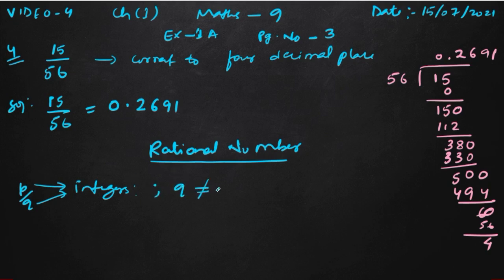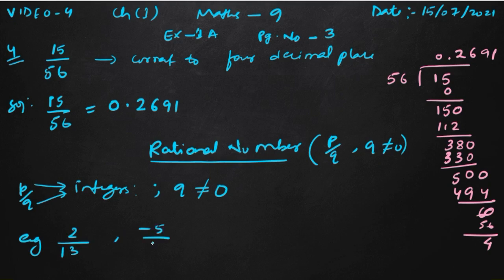So a rational number is of the form p by q, where q is not equal to 0. For example, 2 by 13, or minus 5 by 4, or 6 by minus 8. This type of fraction is called a rational number, where the numerator and denominator are both integers.